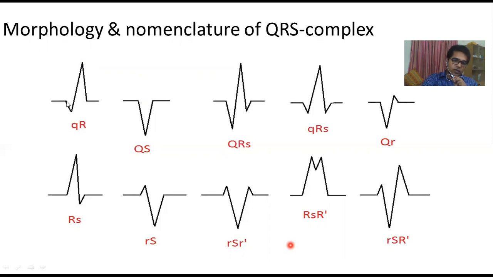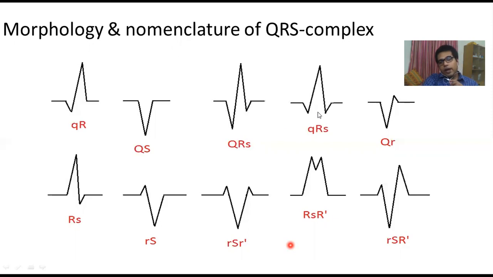Is it clear? Here you can see the different morphological characteristics of the QRS complex. Here you can see the first small negative deflection, called q, followed by an upward deflection, the first positive deflection, which is R. So this is called the qR pattern. In the second picture there is only one negative deflection, so it is called the QS pattern. Another pattern: the initial negative is Q, followed by a positive R, and again a negative S. It is called the QRS pattern, with capital Q, capital R and a small s.